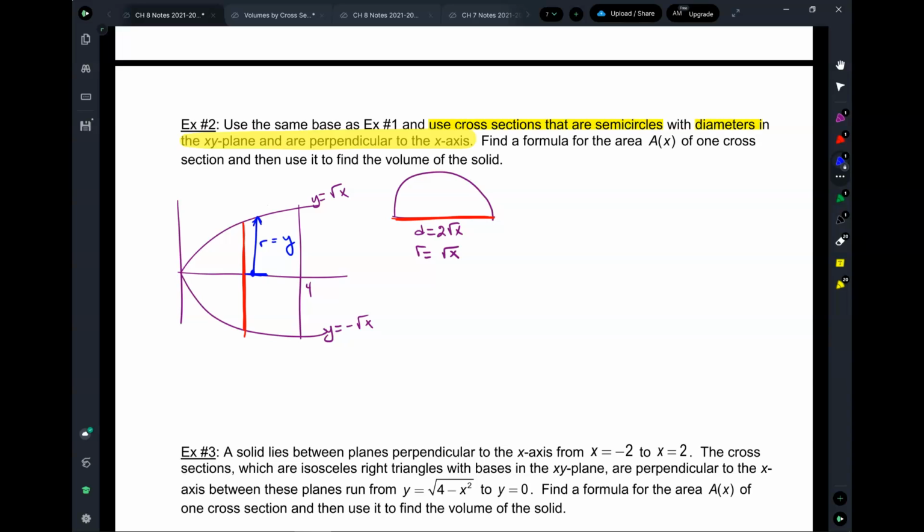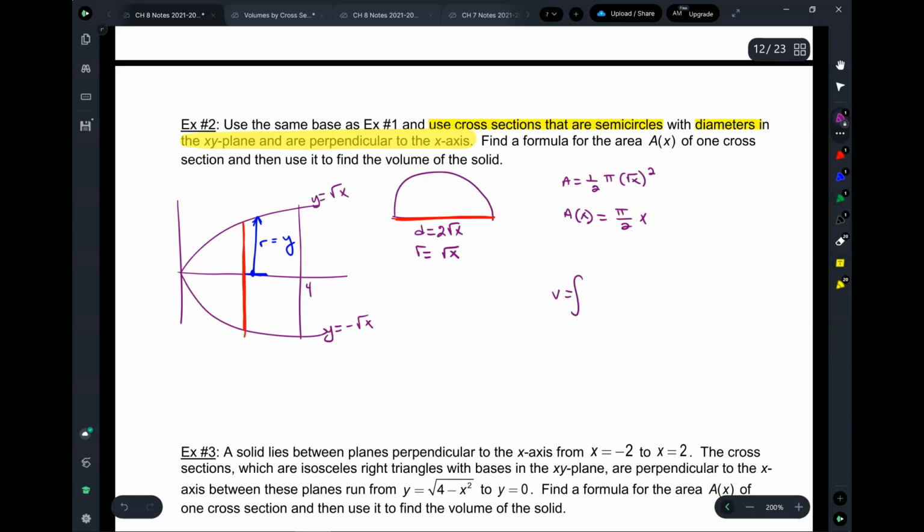Okay. So area then is half pi root x squared. So A of x is pi over 2 x. And then, so now we're done.